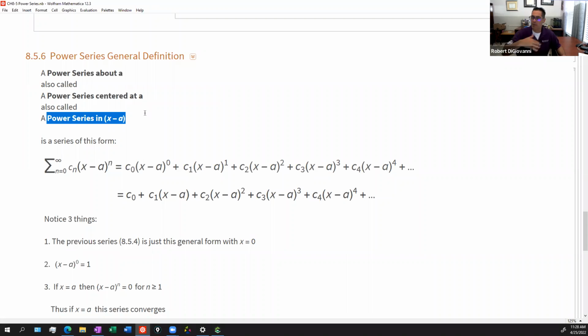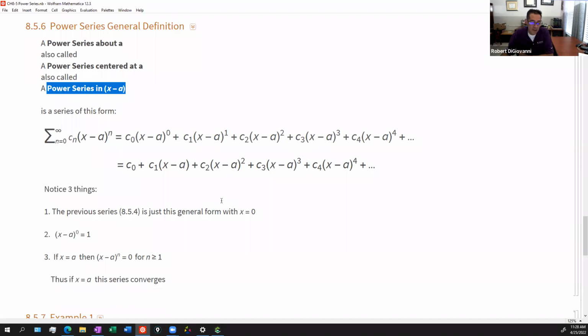I don't make these things up. This is the language that was given to me, and I'm just giving it to you. Other than that, everything else stays the same. You still have numbers in front that keep changing, and then the powers on the x minus a keep getting bigger and bigger and bigger.